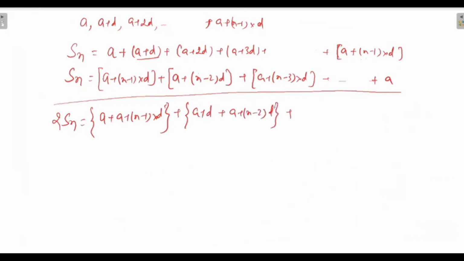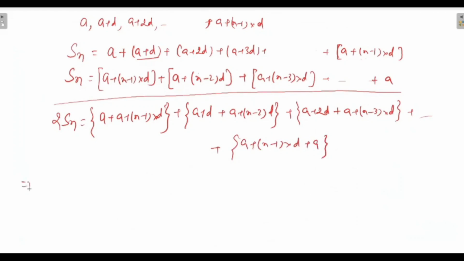Now let's sum the third term, which will be a plus 2d plus a plus n minus 3 into d. And then keep going, and the last term will be a plus n minus 1 into d, and then plus a.